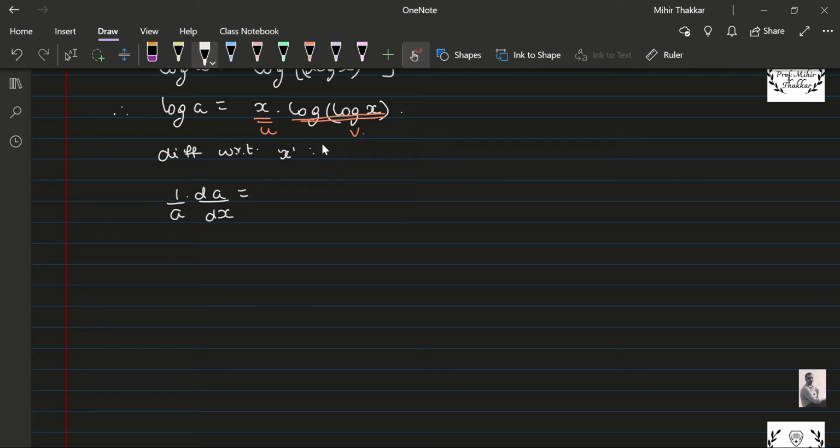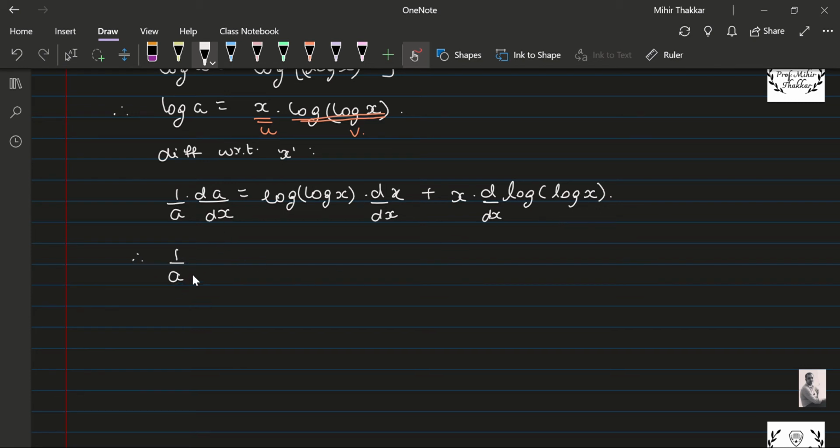When we apply the multiplication rule, this is log of log x multiplied by the derivative of x, plus x into derivative of log x. Now this 1 by a into dA by dx comes down as it is.